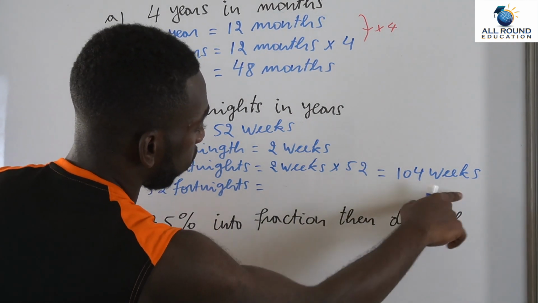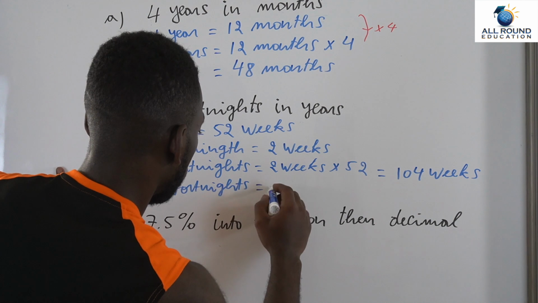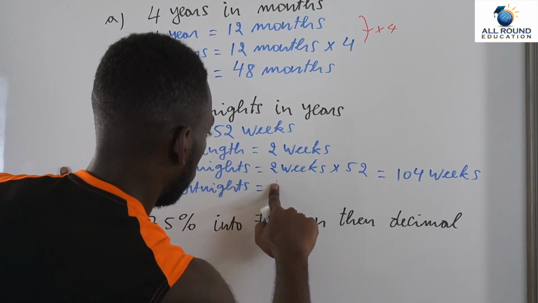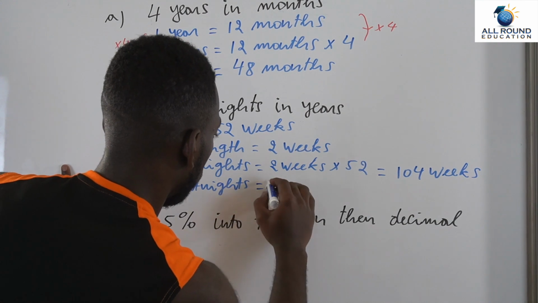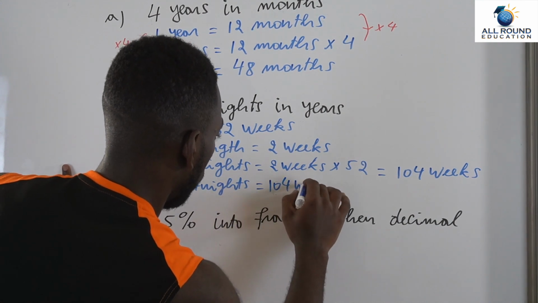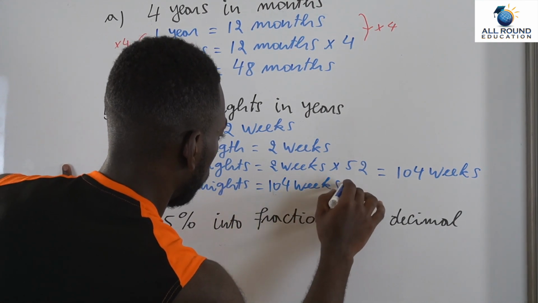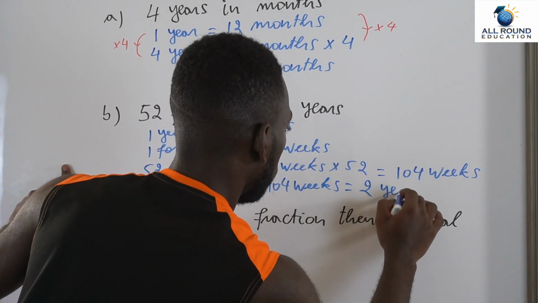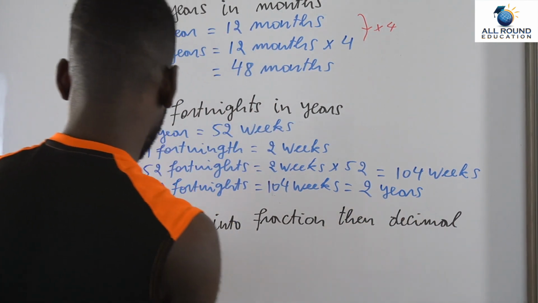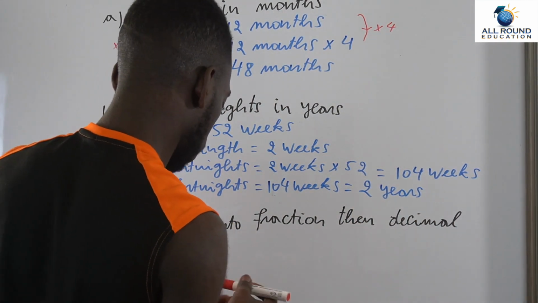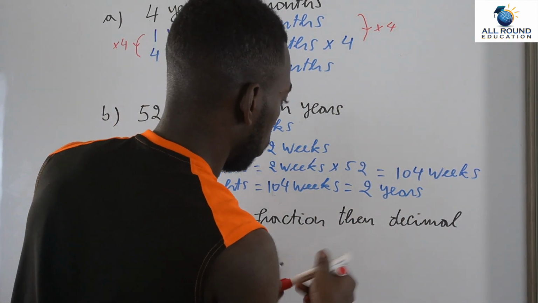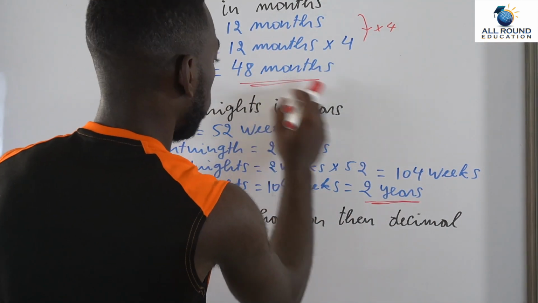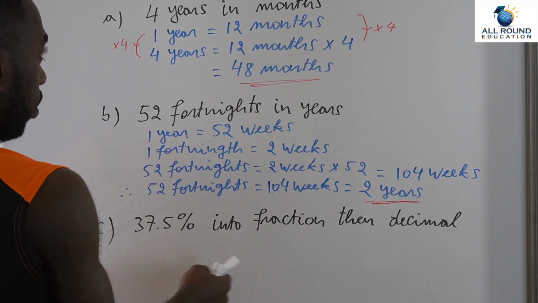Because in the 104 there are 52 weeks twice, so it's basically equal to 104 weeks, which is equal to 2 years. So that's our answer for B.